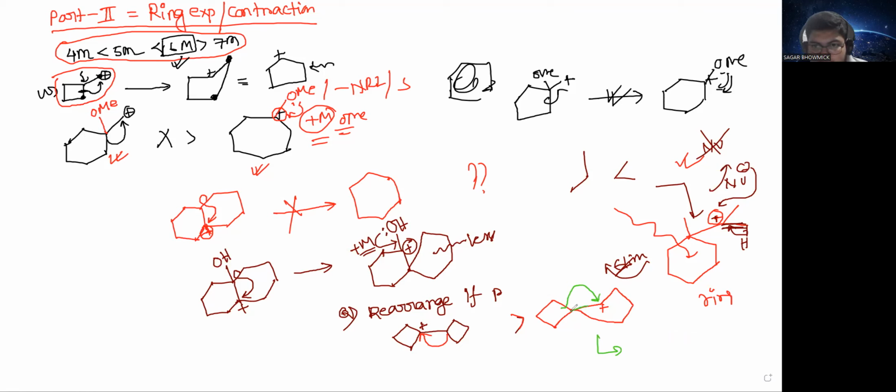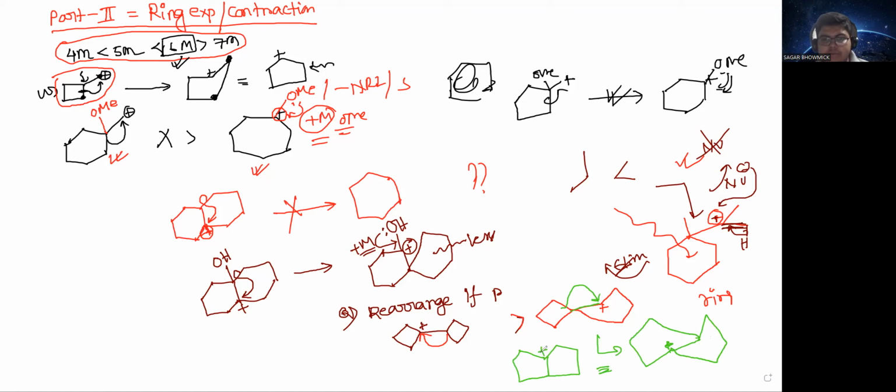Then these bonds I am drawing like this. Another thing I am drawing as it is. Then this ring like this, and the cation will be forming there. This is the carbocation. So if we write it in a proper way, then this is nothing but two five-member rings fused together. And there is one positive charge.